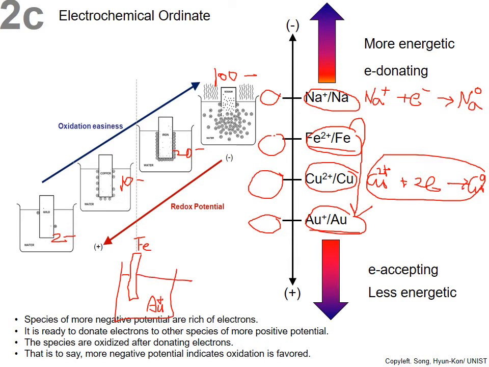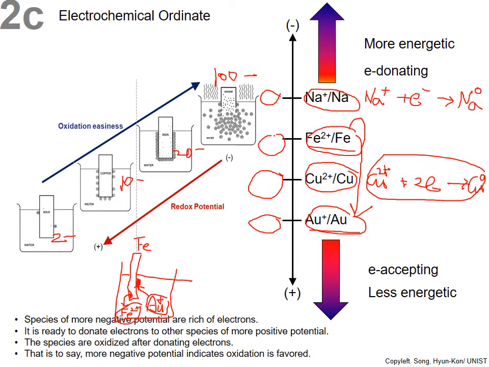Here's some water or some electrolyte, and then some portion of Fe is going to Fe2 plus ions into the electrolyte. But at the same time, gold plus is plated or deposited on the surface of the iron bar. This is the gold metal, and also you can find Fe2 plus in the electrolyte.